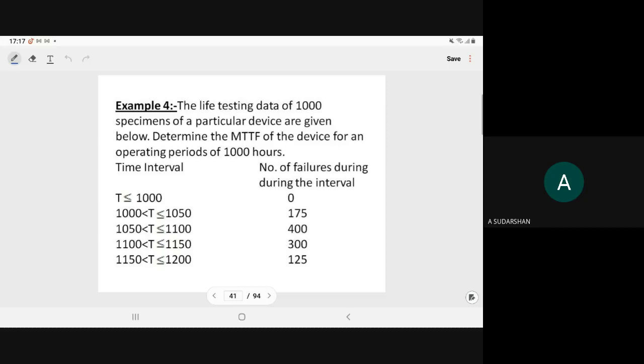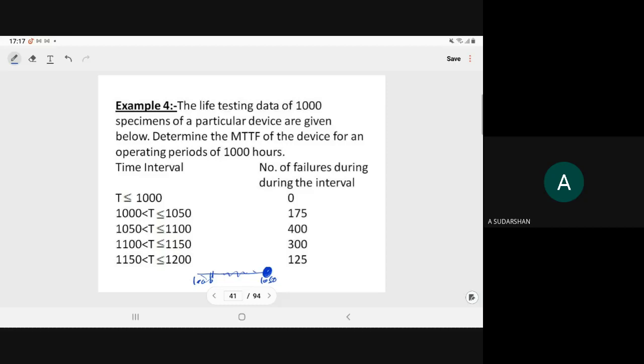If we have this, it means we assume that all these 175 devices fail at this point. Wherever they fail within the interval is immaterial. Now we are assuming that they fail at 1050.